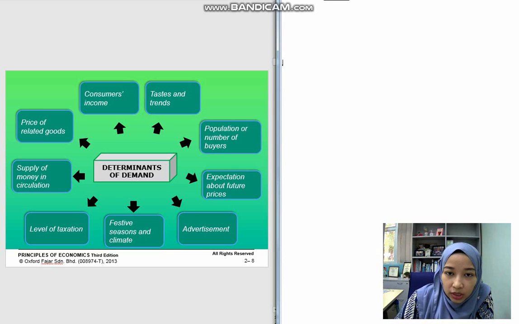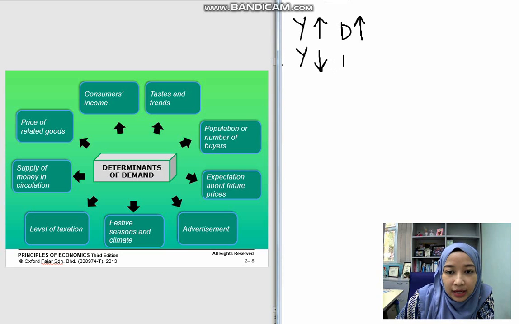Usually when people have higher income, they have more money to spend, therefore the demand in the market will increase. And when people have lower income, meaning they have less money to spend, so they will buy less. So spending will reduce, meaning demand in the market will reduce. So this is a positive relationship.